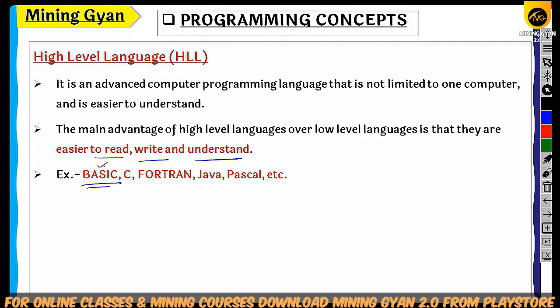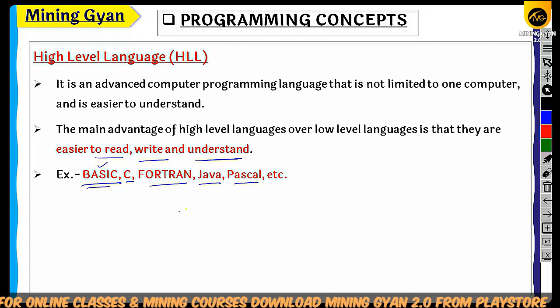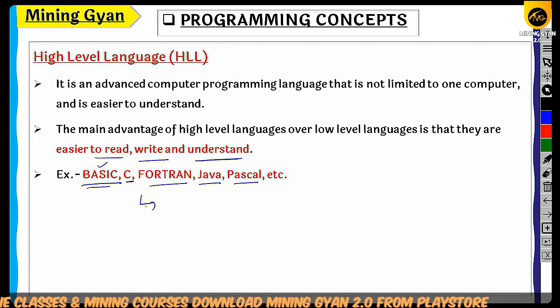Examples are, the first one is BASIC. BASIC is a high level programming language. Then C, Fortran, Java, Pascal. These are examples of high level programming languages. And we can divide them into some other types.